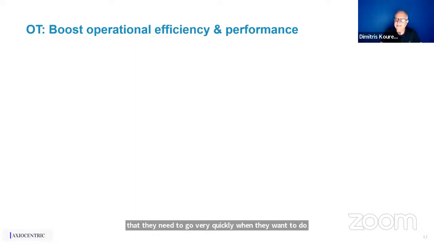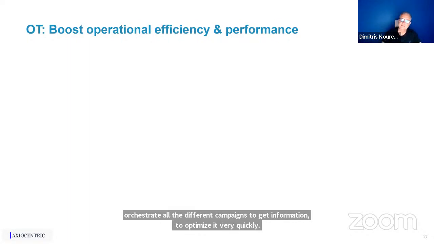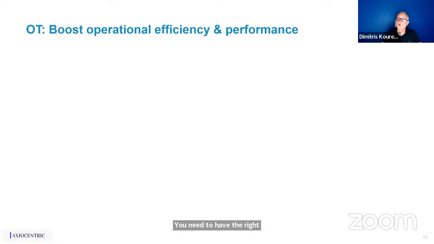So even in marketing, to be able to publish your content everywhere at the right time, to orchestrate all the different campaigns, to get information, to optimize it very quickly, you need to have the right systems in place and people who know how to use them and how to manage them.